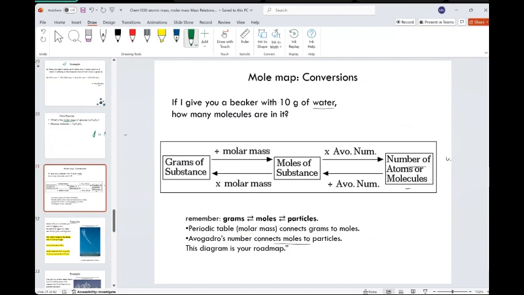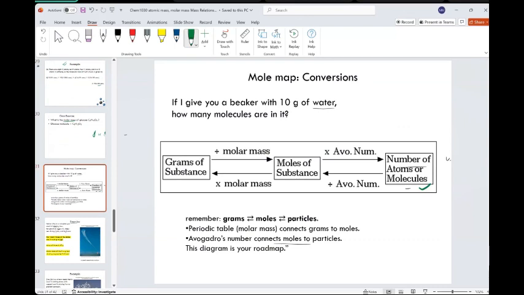Now from these topics on, we will do mixed type of calculation. Mixed means we can convert one thing to another, like gram of substance we can convert to number of molecules, or the other way around.